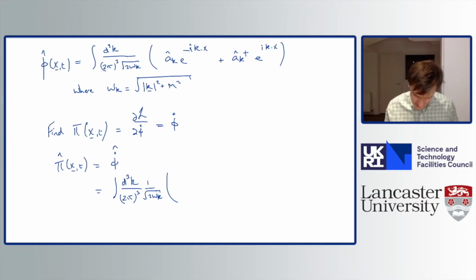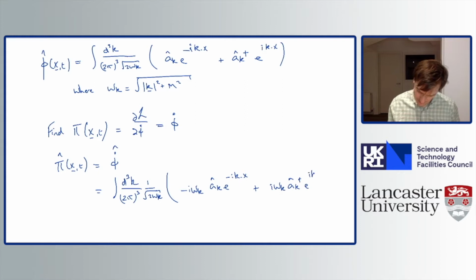We will get a factor of minus i omega k from the first term when we differentiate this exponential, and a factor of plus i omega k from the second exponential term in the expression.